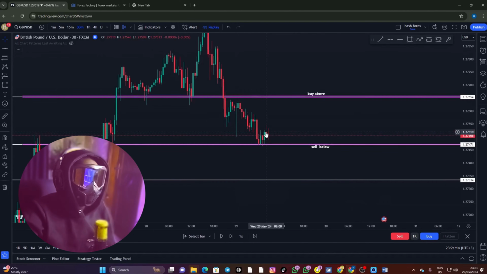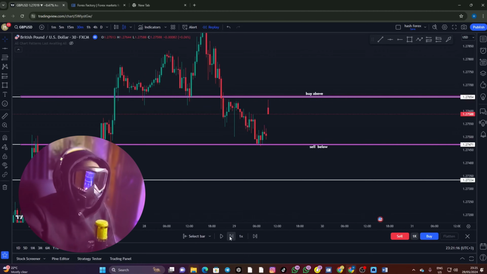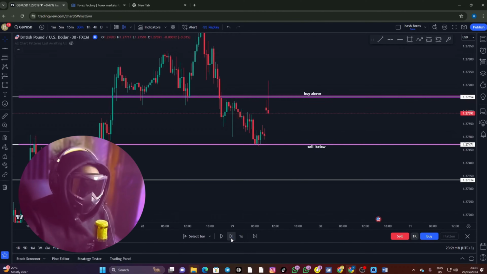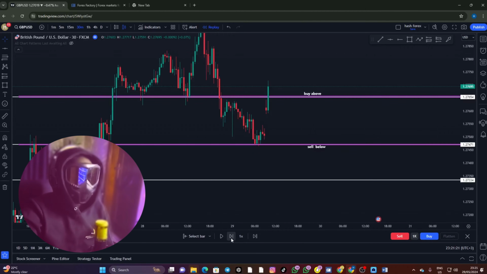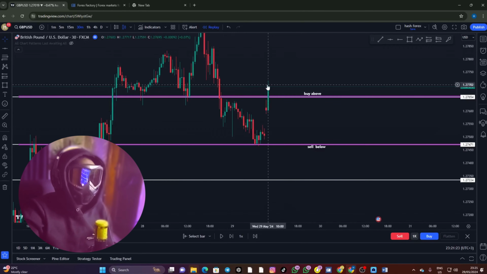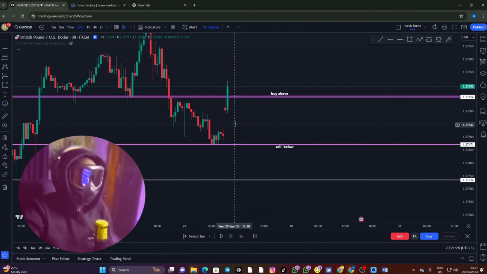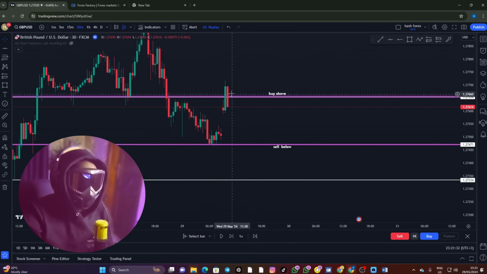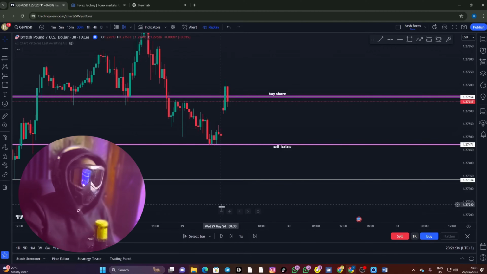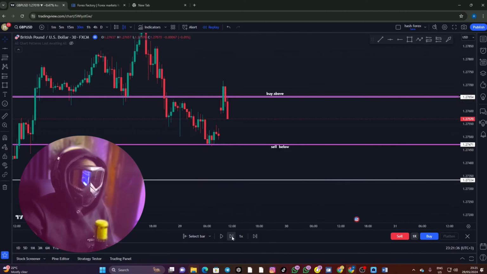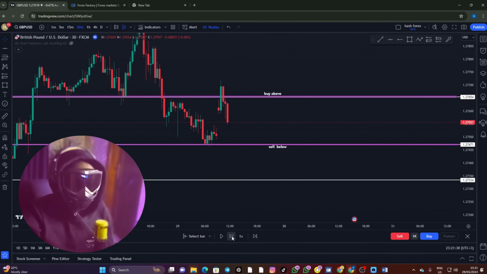So I want the market to first break below this zone. If it is still trading above that zone, and it breaks above that zone, then I'll be looking for some buys. So right now we are seeing the market is breaking at that level, and then it's coming back. Let's see, it was a false breakout.